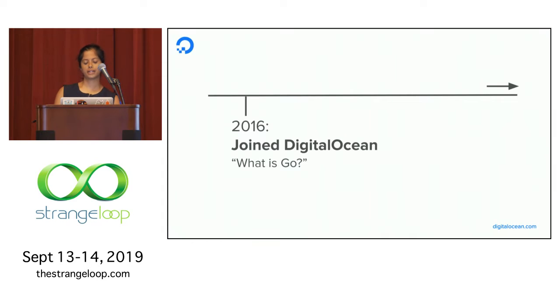So let's go back to 2016. This was the year I joined DigitalOcean, and when I joined, I had no experience with Go. My background was with writing casino games for gaming companies in C++, or doing full stack development, but Go was something that was completely new.